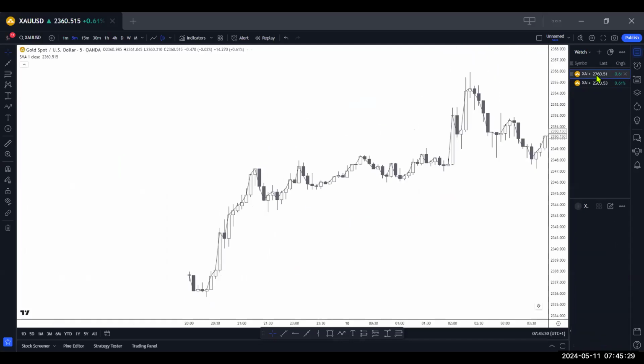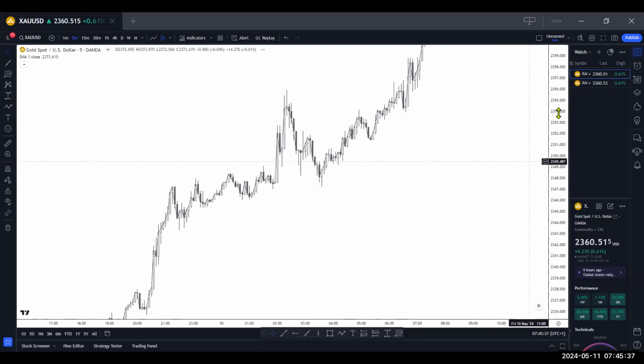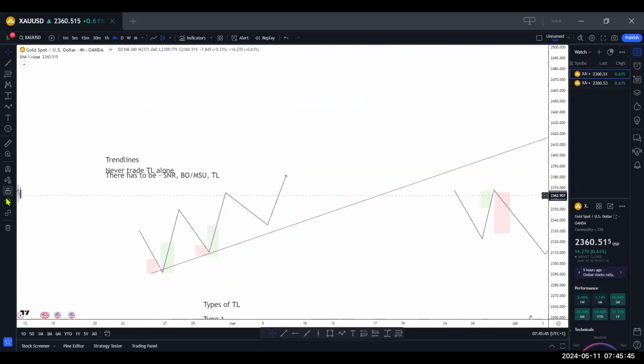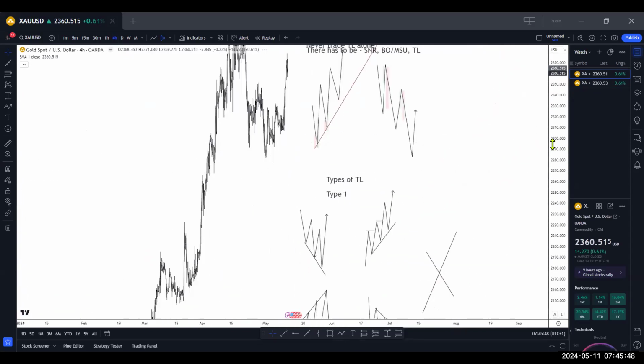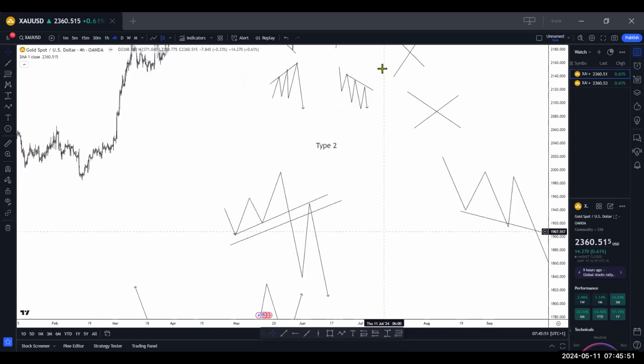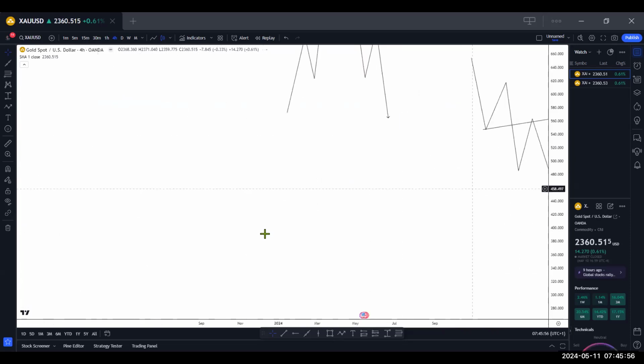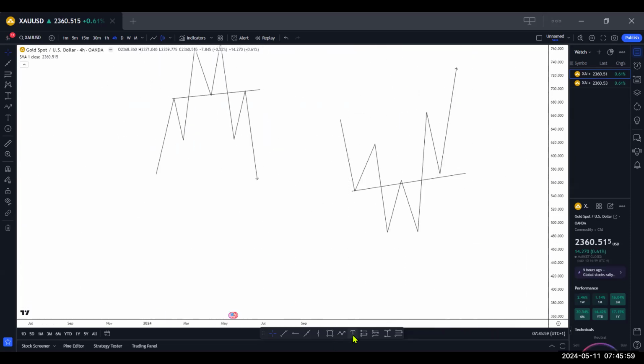So type 1, type 2, type 5, type 6, Codex, and then the last but not least is the BHS, the broken HNS trend line.